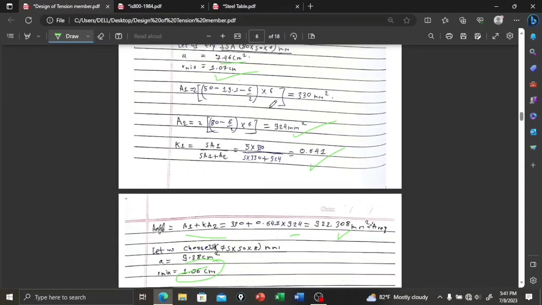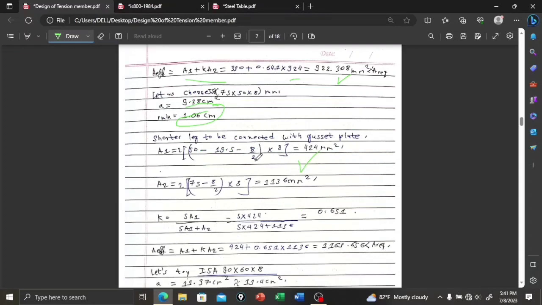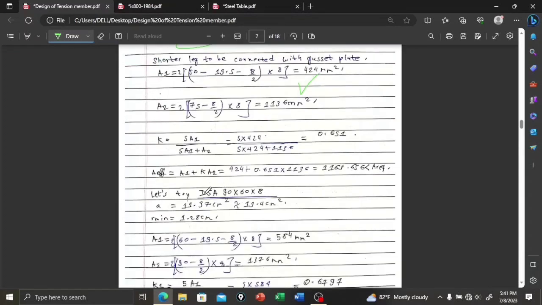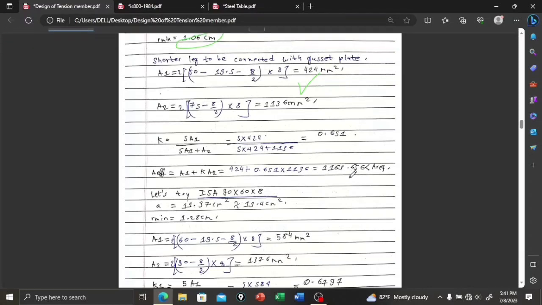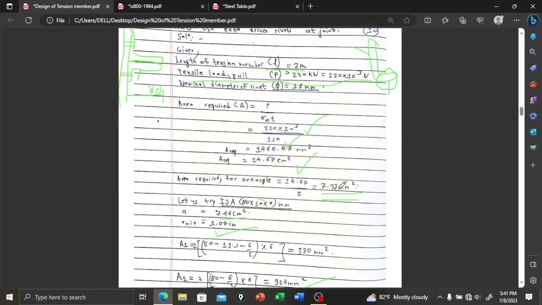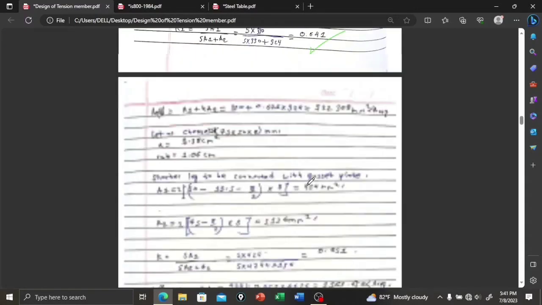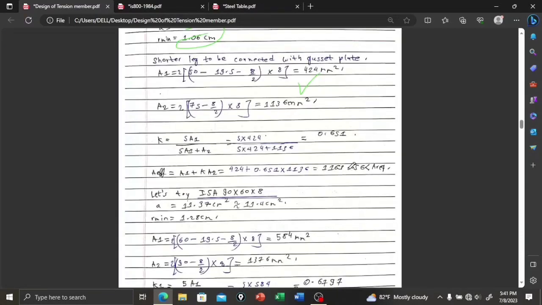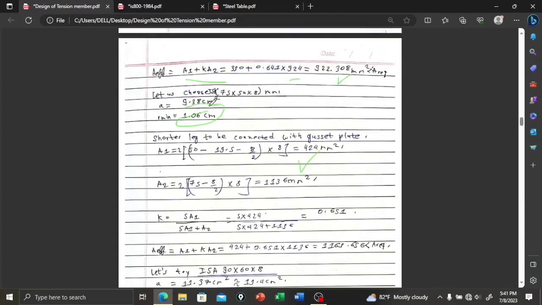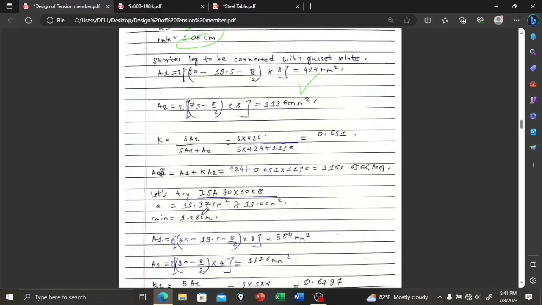Instead of this 6, we have written this 8. So A effective is 1163, but A required was 1466, but it is only 1163. So again we have to redesign to 9068, slightly greater than this 9.38, that is 11.37, that is 9068.